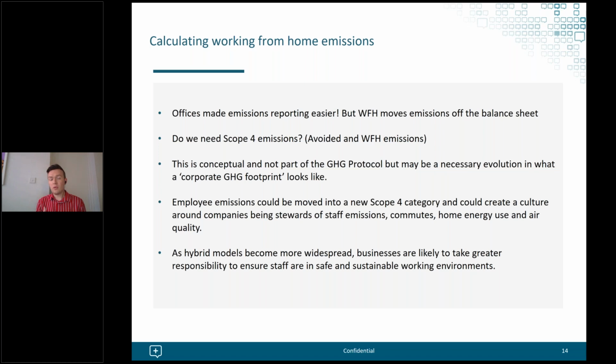So one school of thinking behind that is that those could be included in a scope 4 category. And this could then create a culture around companies being stewards of staff emissions, commutes, home energy use, and air quality. And the business then taking greater responsibility of ensuring that staff are working in a sustainable environment going forward.